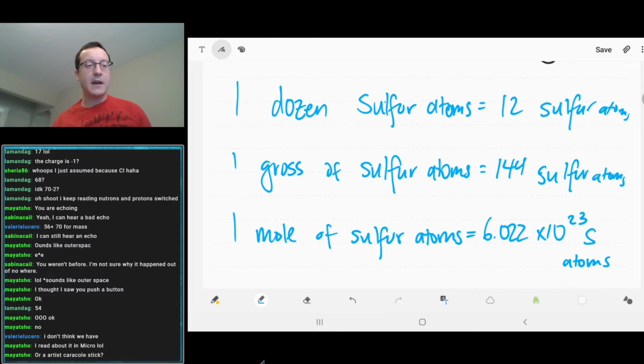So it's just another word, like dozen or gross or ream or score or whatever, these old units. Bushel, I don't know, actually a bushel is a volume, I think. Anyways, same idea here. It's just another word for this crazy big number that's going to allow us to work with atomic quantities a little bit more easily.